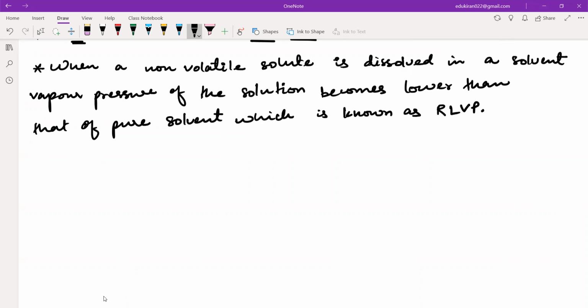Okay, RLVP, relative lowering of vapor pressure. Okay, now here we have a solution.